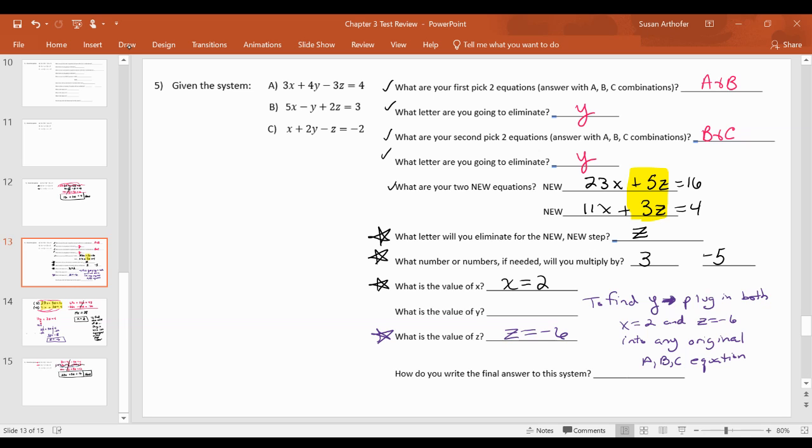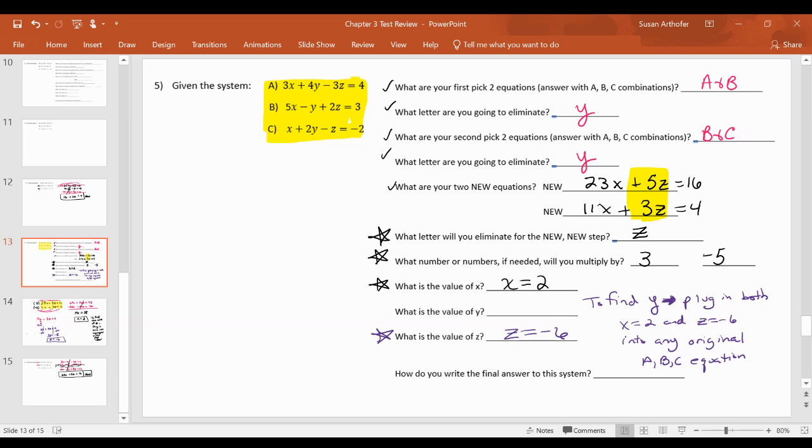You only have to pick one, and it doesn't matter which one you pick. If we plug in both the x and the z, we'll get the value of y.